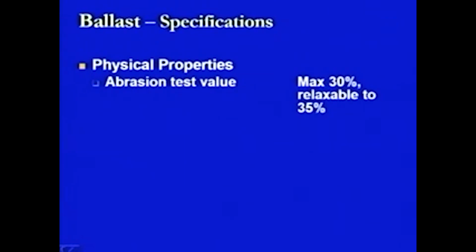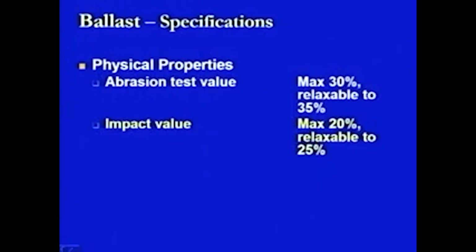This is found by conducting the abrasion test, and the abrasion test value can be 30% at the maximum, and in some cases, with prior permission taken from the authorities, can be relaxed to 35%. This 30% or 35% defines the amount by which the material can be reduced to powder form, and this is the maximum value.